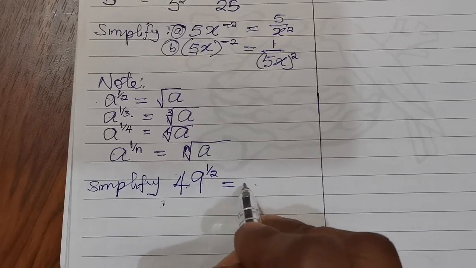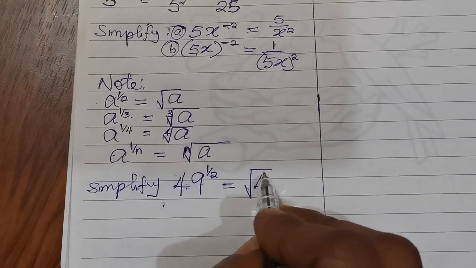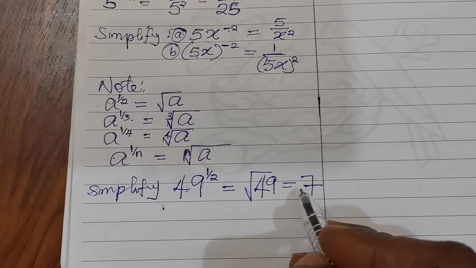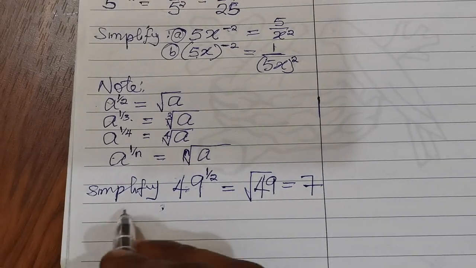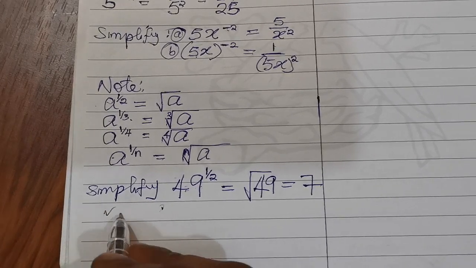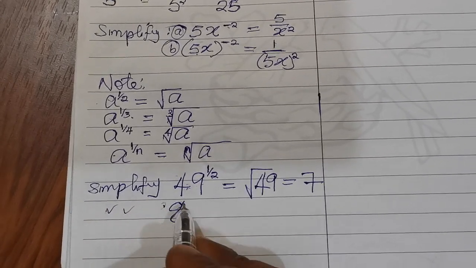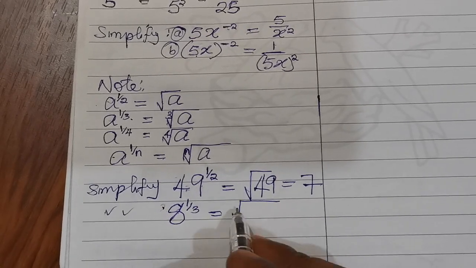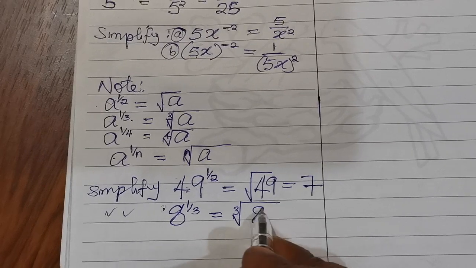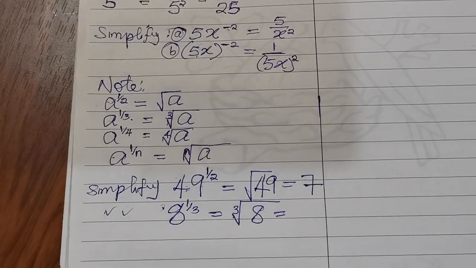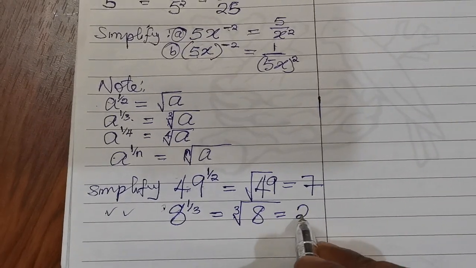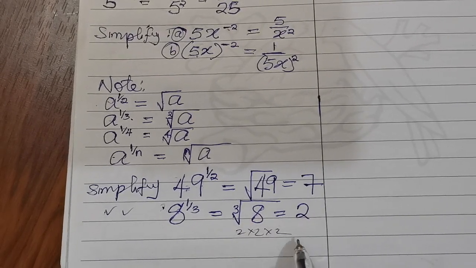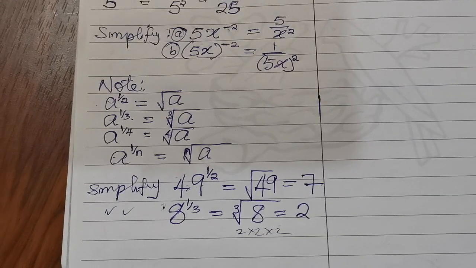So I need to find the square root of 49, and the square root of 49 is 7. Or if you are asked to simplify 8 raised to the power 1 over 3, what we need to do here is to find the cube root of 8. And what is the cube root of 8? It is 2, because 2 times 2 times 2, into 3 places, is 8. So the cube root of 8 is 2.